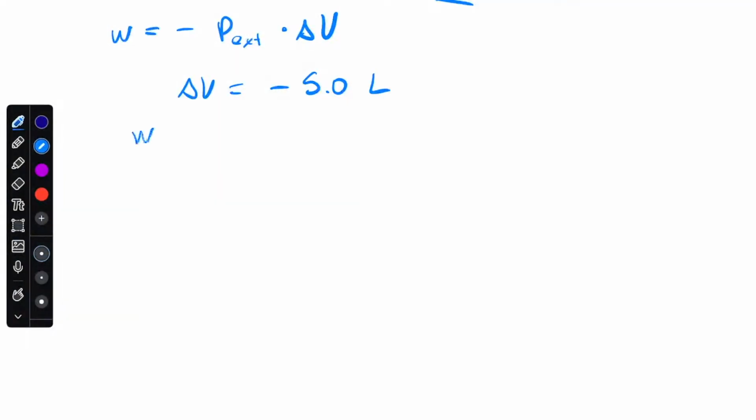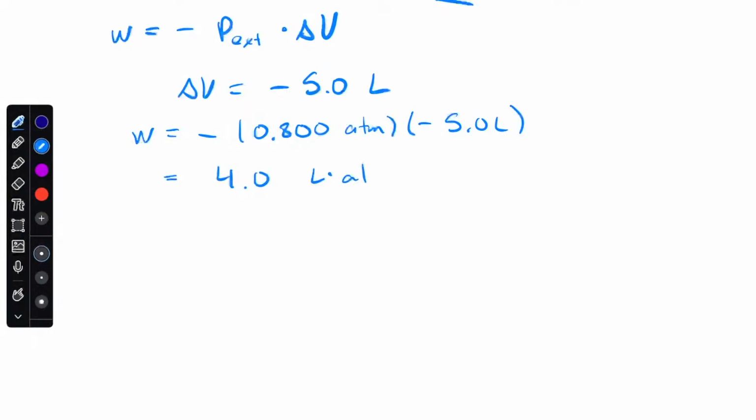So work is minus 0.800 atmospheres times negative 5.0 liters, equals positive 4.0 liter atmospheres.